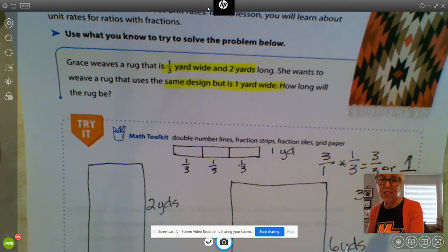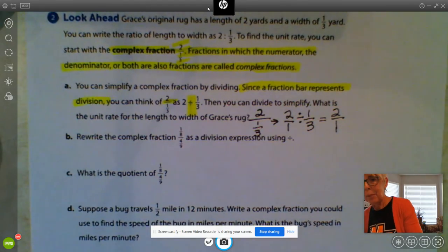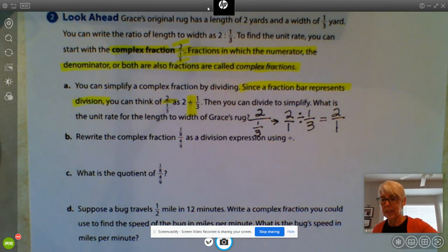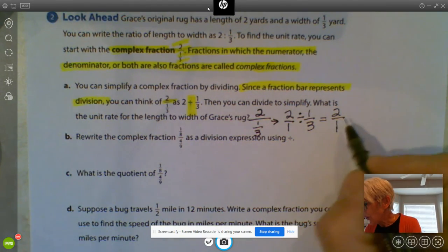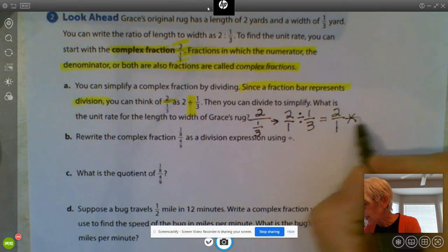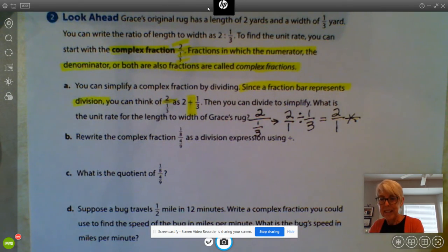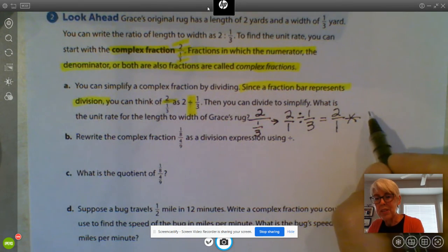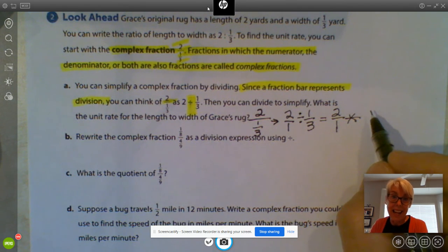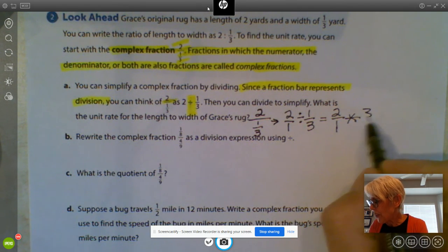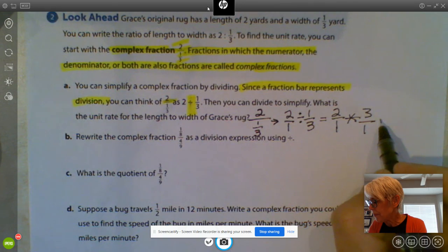So I've actually multiplied my number of parts. So I multiplied that number of parts by 3. So I'm going to multiply instead of divide, and I'm going to turn this fraction of 1/3 on its head. So instead of 1/3, I've got 3 over 1.